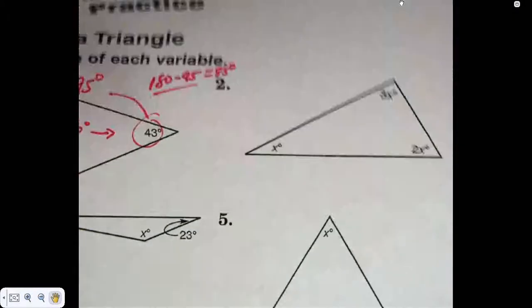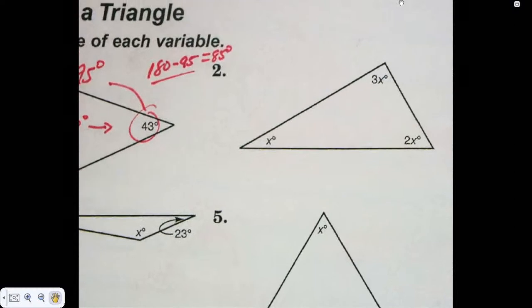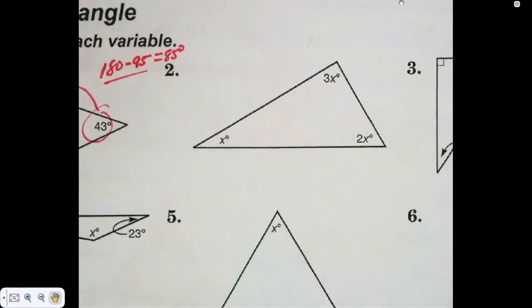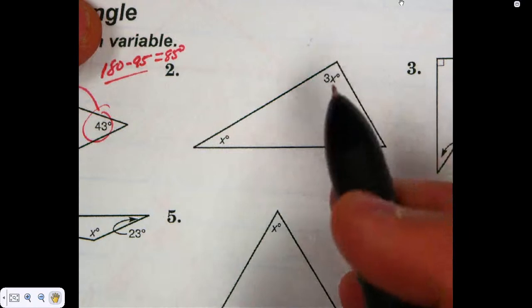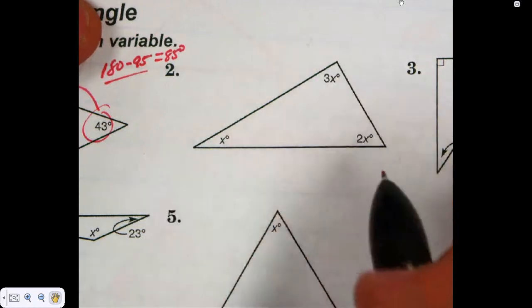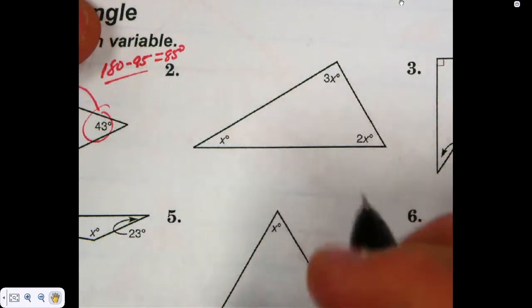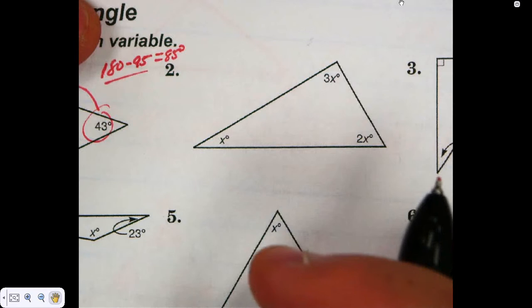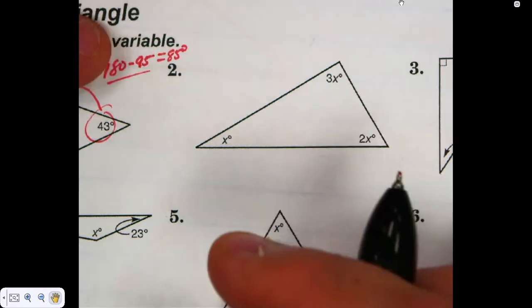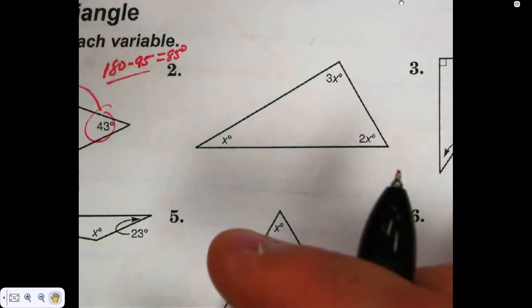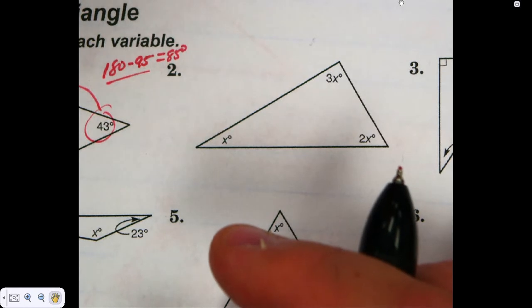Look at number 2. Have they given me a number for these angles? No, they haven't. My directions are to find the value of this variable. If I was a betting man, what's probably going to be an important thing in this section? Knowing that angles add to 180.